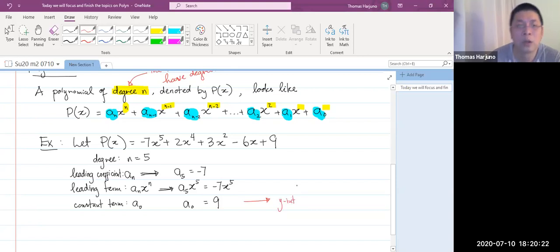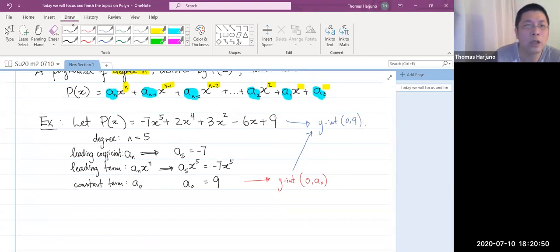The y-intercept of a polynomial with constant term a sub 0 is (0, a sub 0). In this case, the y-intercept for this graph, if we graph it later on, is (0, 9). We already saw this in linear functions.